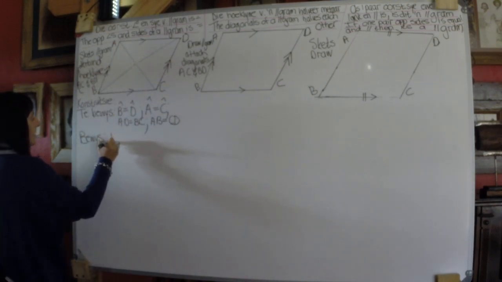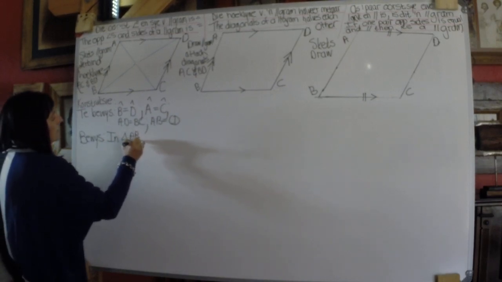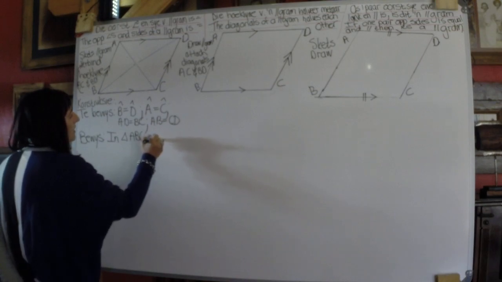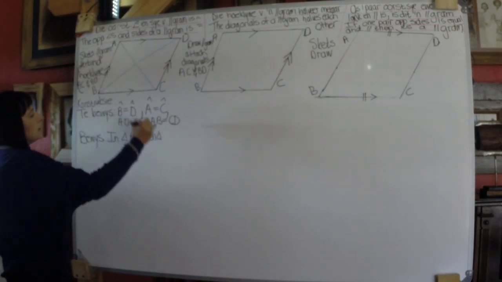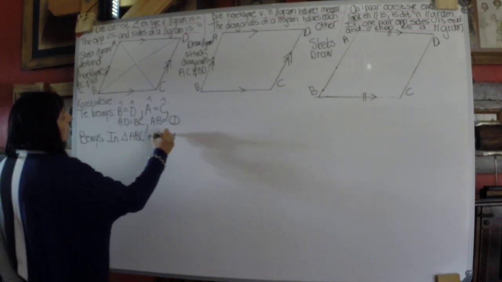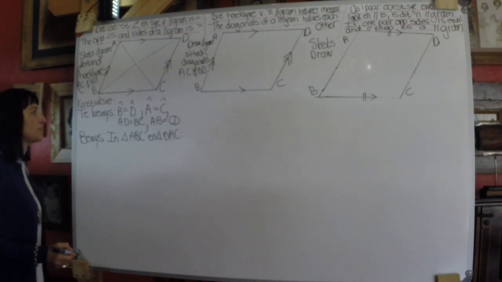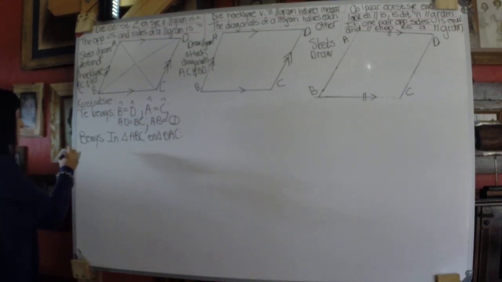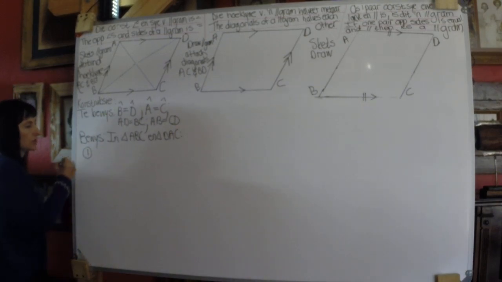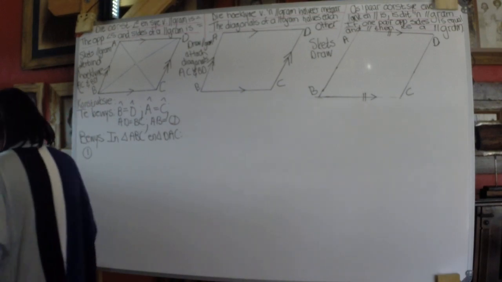So ons gaan sê, in driehoek ABC en driehoek DAC, dubbelpunt. And now we're going to do a congruency proof of the 2 triangles, so we're going to start at number 1. Dis hoe juffrou ons in graad 9 geleer het om 'n kongruensiebewys te doen. So ons gaan kyk en ek gaan vir jou wys.